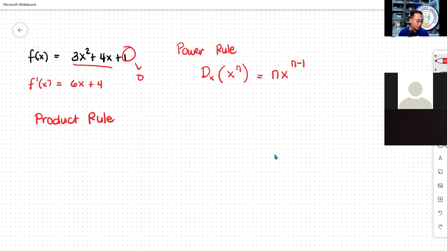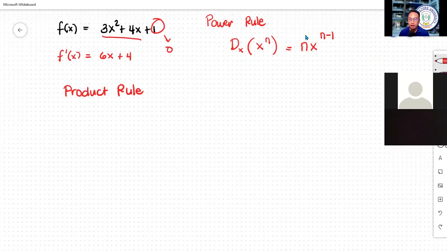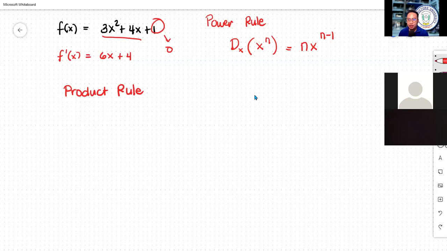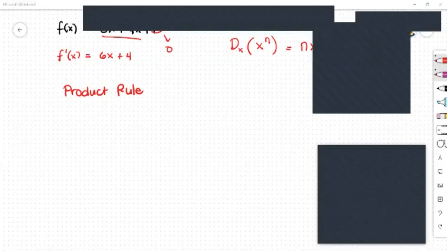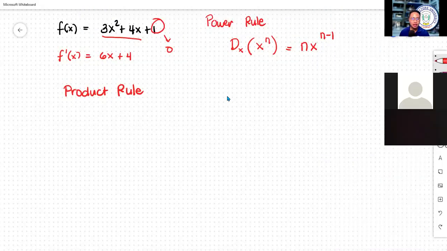Before I dwell on exponential and logarithmic functions, guys, let's work with these items. I think it is very important that you know how to work with the product rule. I'll represent the expressions by u and v.